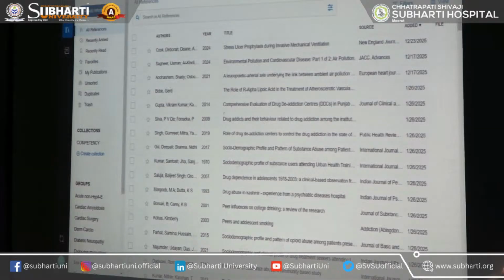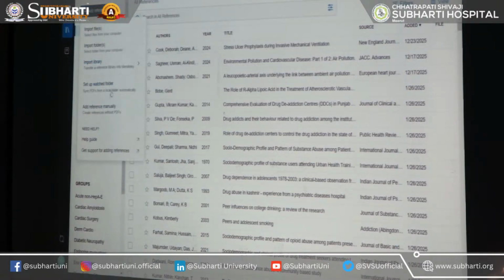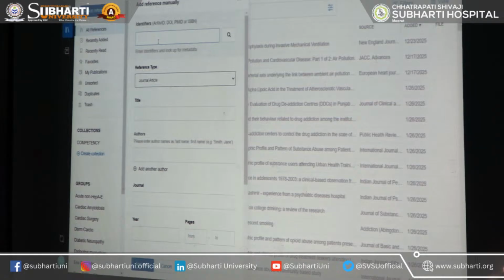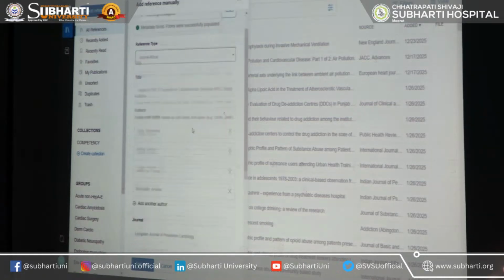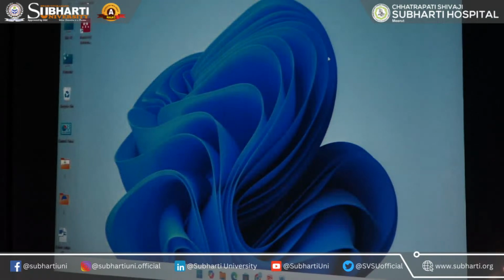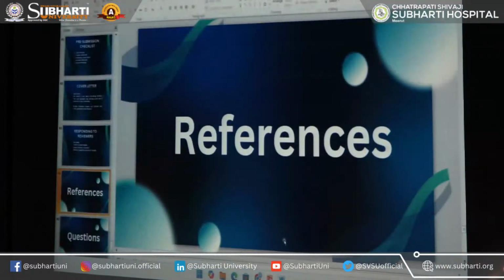So once you enter it here, it will pick the entire reference and you can just add the entry. Once this has been added here, you just need to add that to the main document using the reference manager. And once those are added, they will be put in sequence on that document.